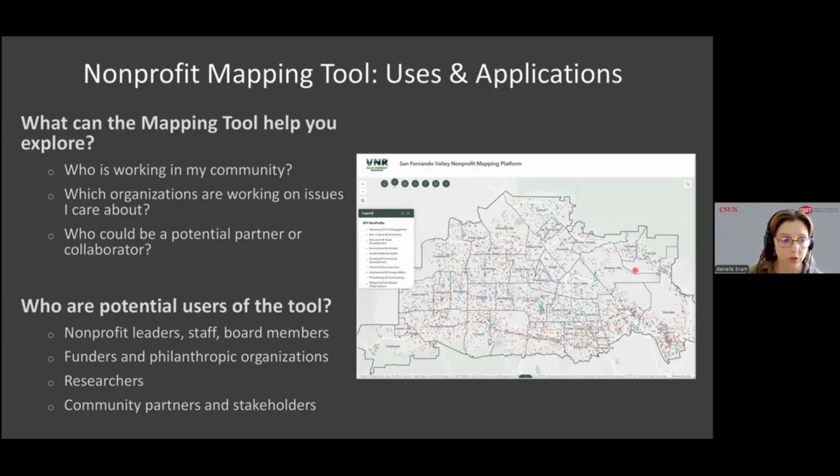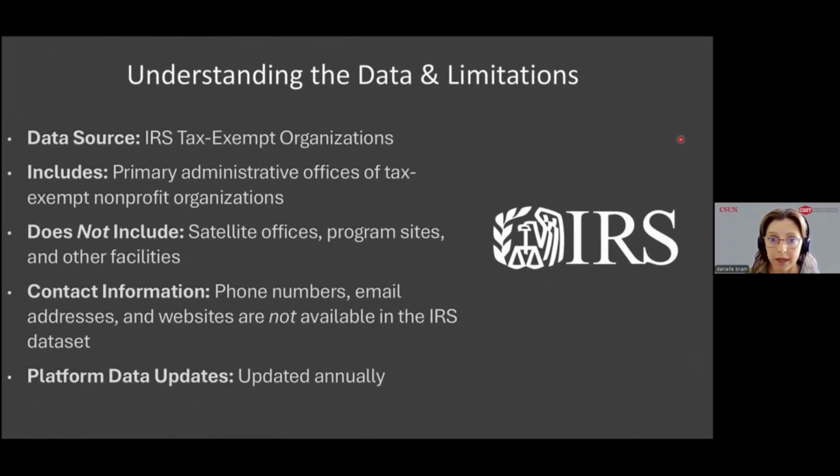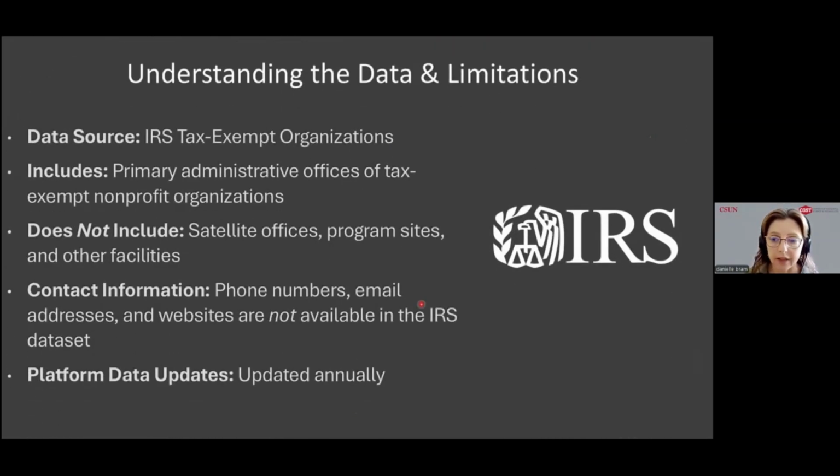Potential users of the tool would be nonprofit leaders, staff, board members, funders and philanthropic organizations, researchers, community partners, and stakeholders. The key thing about this tool is that you can click on the tool, you can gain information, and you can visualize the distribution of nonprofits, especially by sector in the Valley.